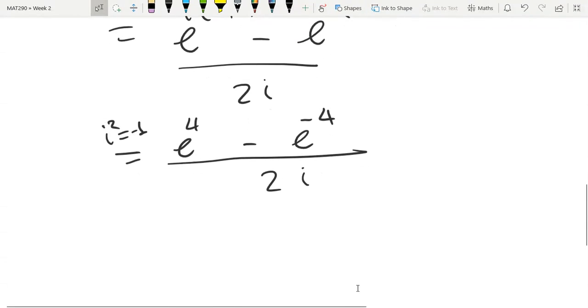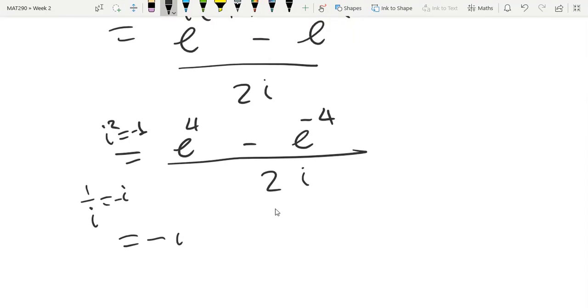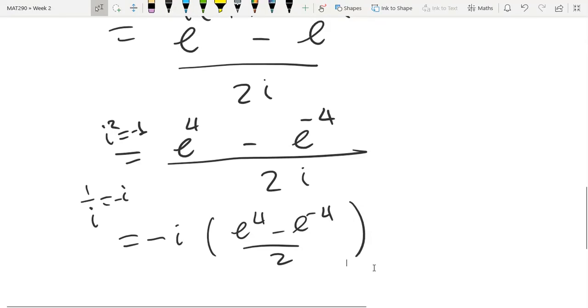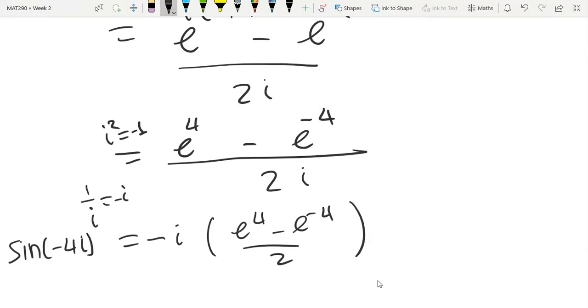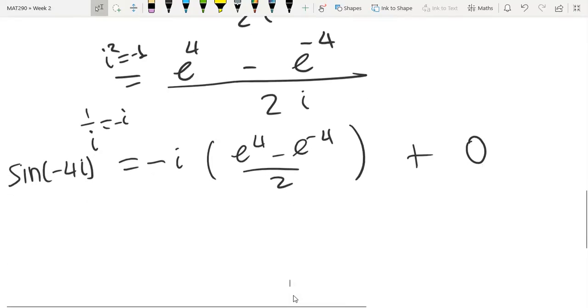But yeah, use that 1 over i is minus i. So we have minus i, and then e to the 4 minus e to the minus 4, over 2. So this is it. Sine of minus 4i is just this guy here, with a zero real part. Okay, so that's the answer.